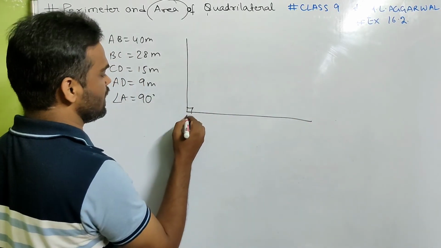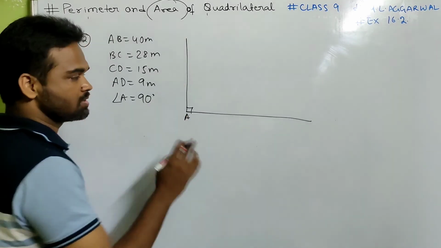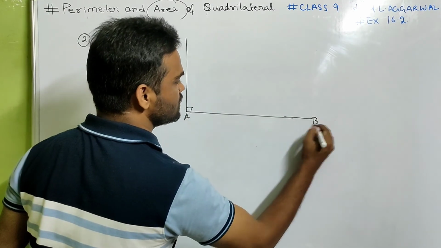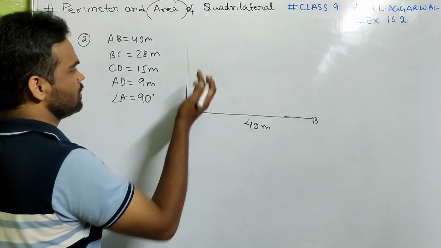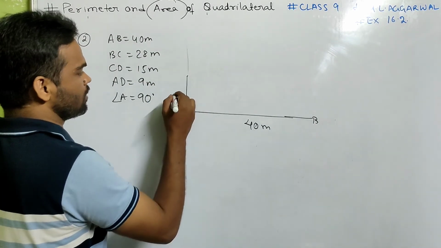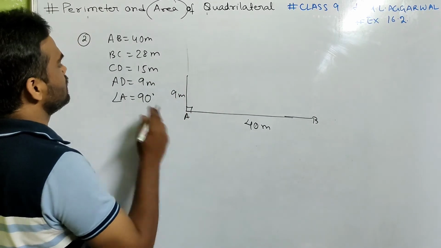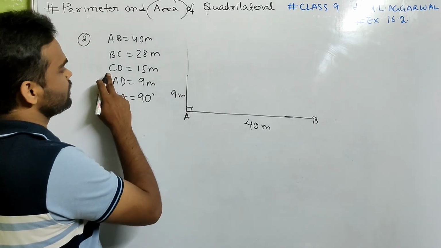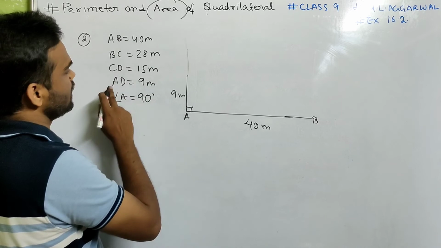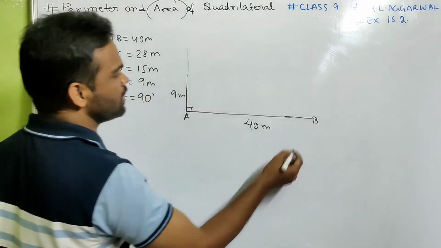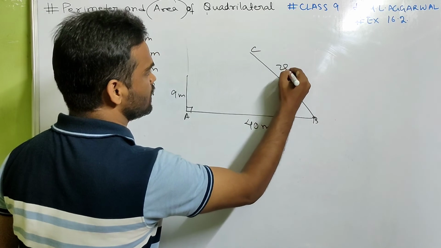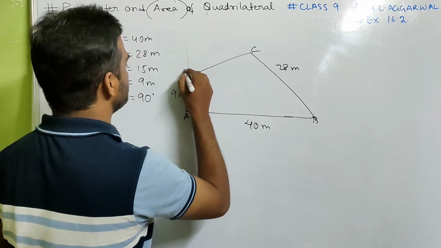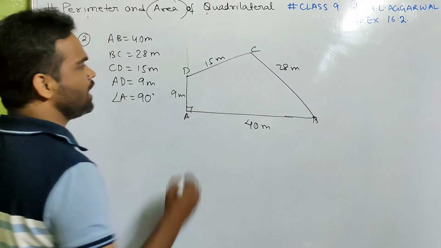Now this is your A, angle A is 90 degrees. AB is 40 meter. AD, somewhere over here, is 9 meter. Then BC is 28 meter and this is my CD, which is 15 meter. Done.